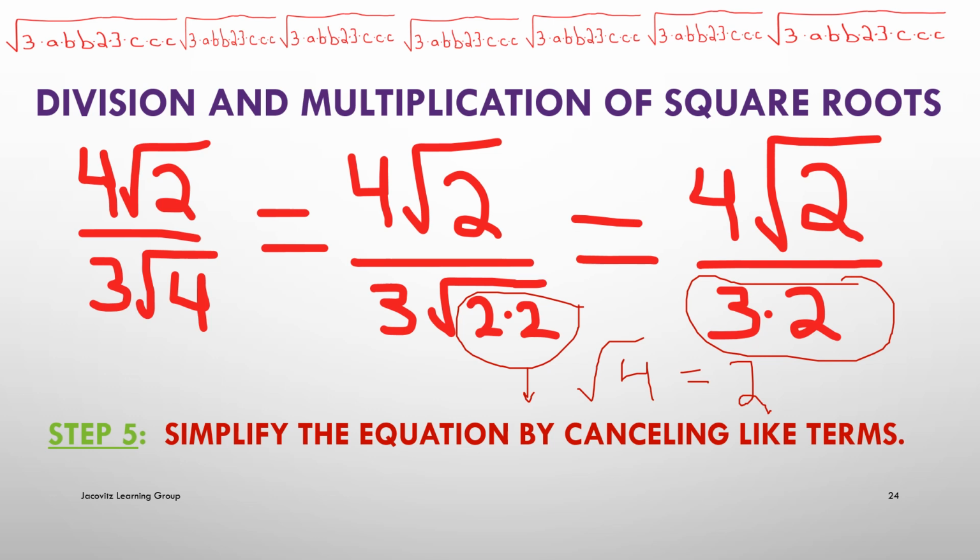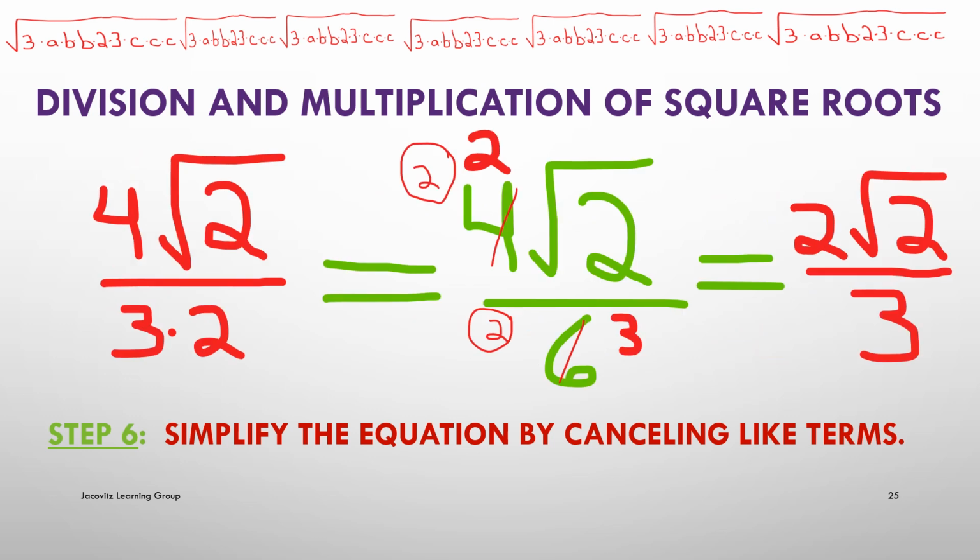And this is 4 over the square root of 2, and this is 3 times 2. So now when you get ready to do this, this is just carried over from here. You now can simplify. 2 is the lowest common multiple. 2 then makes this a 3. 2 goes into 4 2 times. You have 2 over the square root of 2, and here you have 3 left alone by itself. There you go.